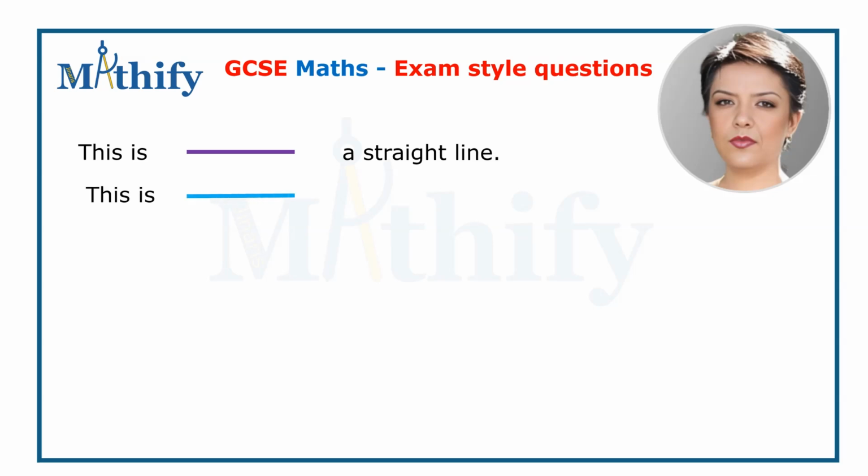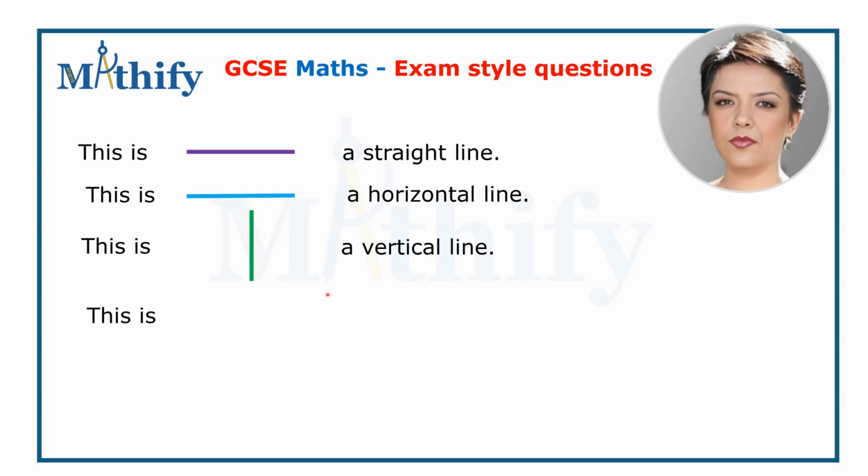Likewise, this line here is also known as a horizontal line. This line, facing a different direction to this line here, is known as the vertical line. This line is known as the diagonal line.